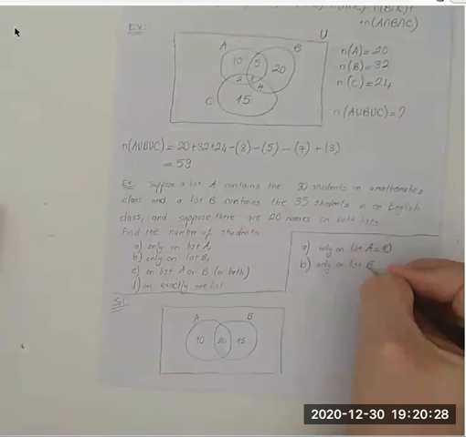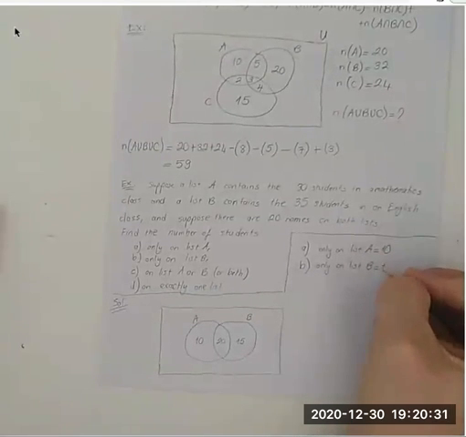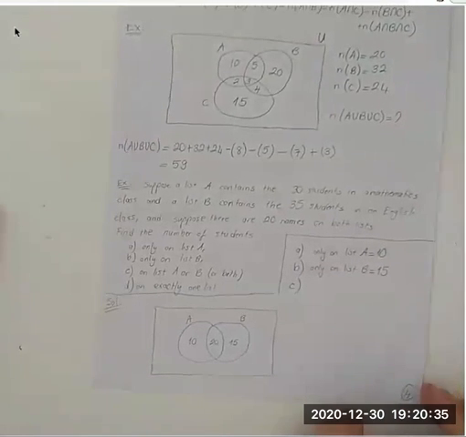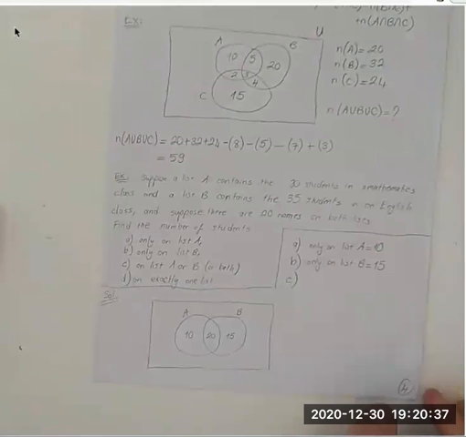And C, for both, this is that theorem. The number of A union B in total: 20, 30, and 45.